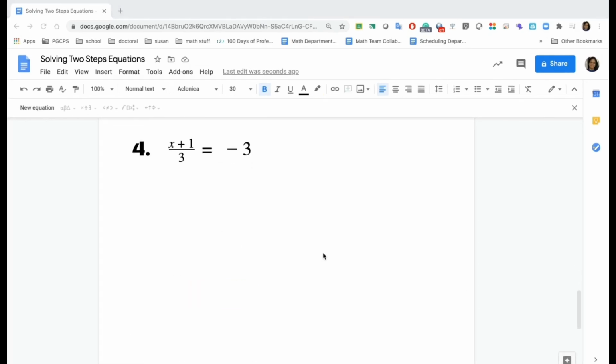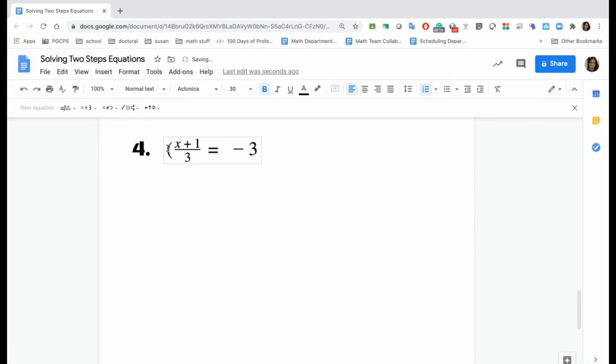Now let's have the last equation. x plus 1 all over 3 is equal to negative 3. Again, there are two operations involved. It's division and addition. Here we cannot undo addition first because the whole x plus 1 is divided by 3. Which means we need to undo the division, using the inverse operation, which is multiplication.